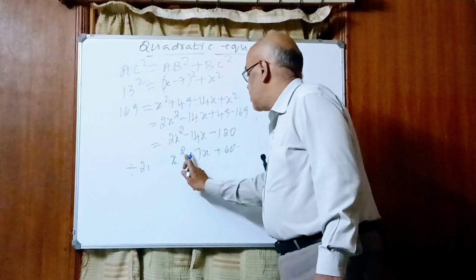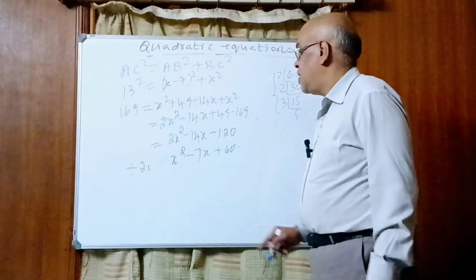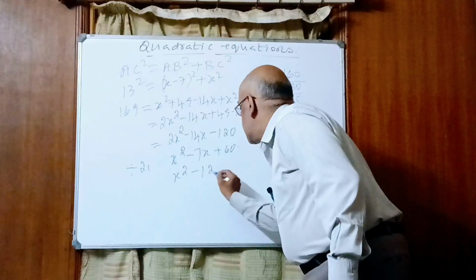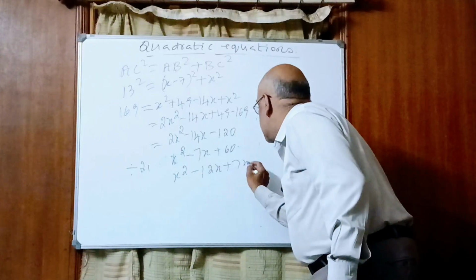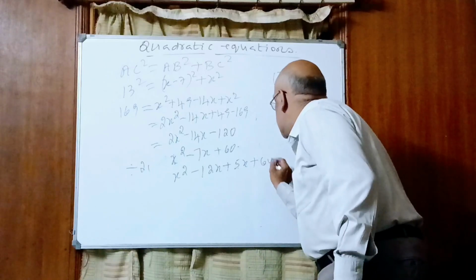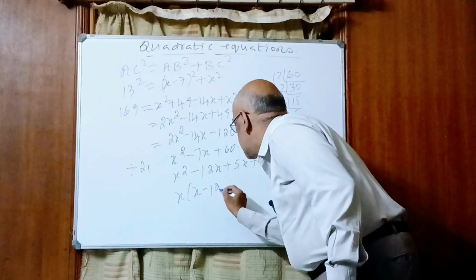Since the middle term is minus and the factors are one bigger and one smaller than the middle number, what do you have to do? x square minus 12x plus 7x plus 5x plus 60. Take a common factor. x into x minus 12.